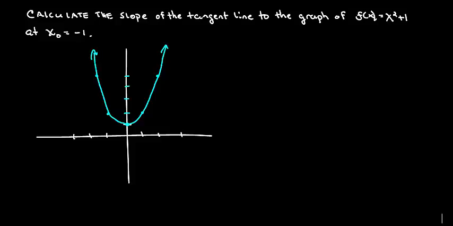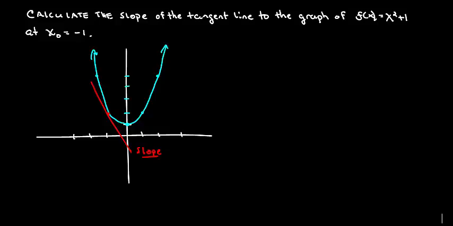Now we want to find the slope of the tangent line at this point right here. So I'm just going to sketch in the tangent line, just eyeball it in. There it is, and we need to find the slope of this guy. The slope of that guy is sometimes called the derivative, and that's partially true.